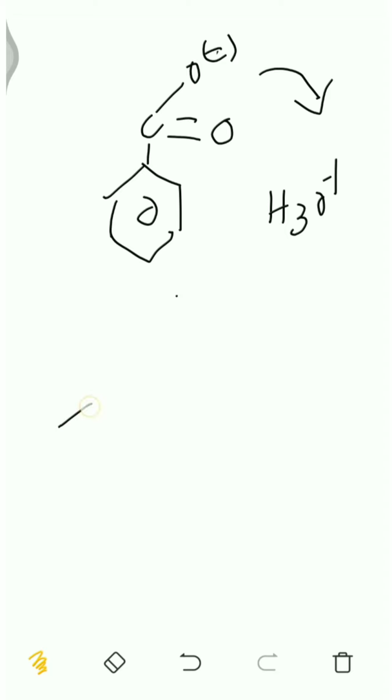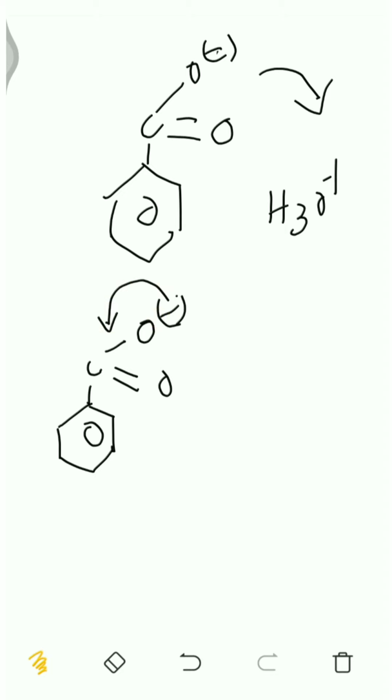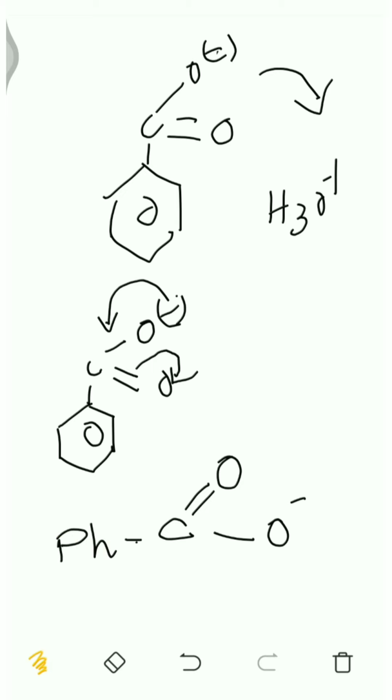So again we take the resonating structure of it as C, O, and correspondingly O. This is our main structure. Here the O minus will shift, and correspondingly this bond will go to the oxygen. Hence the compound we get is C double bond O and CO minus, and correspondingly a phenyl group.